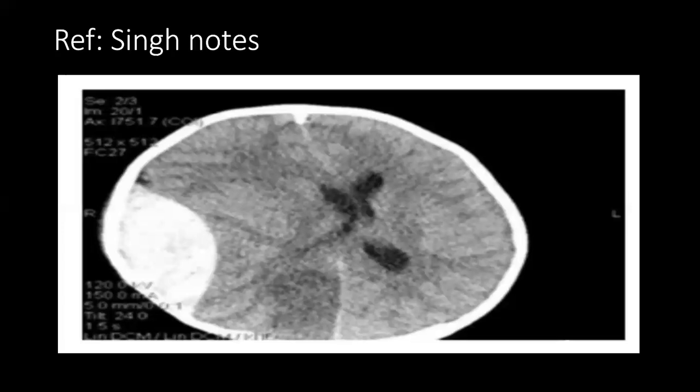I will also consider barbiturate coma for the cooling effect, to decrease the cerebral edema, and I can also consider decreasing the basal metabolic rate. If there is seizure, I will give IV phenytoin. And if there's intractable raised ICP, I can consider thiopental sodium infusion.